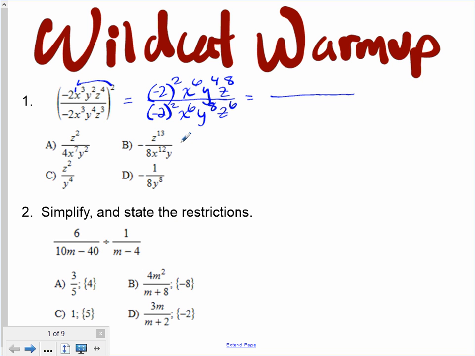Multiply them together. Negative 2 and 2, root 4. Negative 2 times negative 2, because it's negative 2 squared, is 4. Okay. What about this one? 4. What about your x's? 6 take away 6, so we cancel each other out because they're the same.